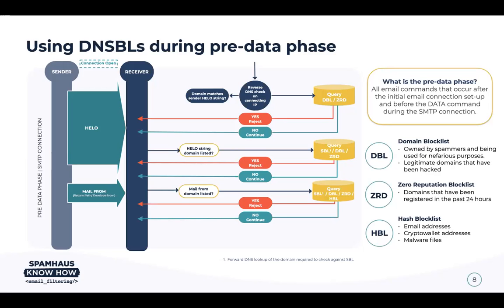But the next thing that is going to happen in the SMTP communication is that we start to receive the intended recipient of the message through the RCPT TO command. If the message has one recipient, you are going to receive one single RCPT TO command with that recipient.